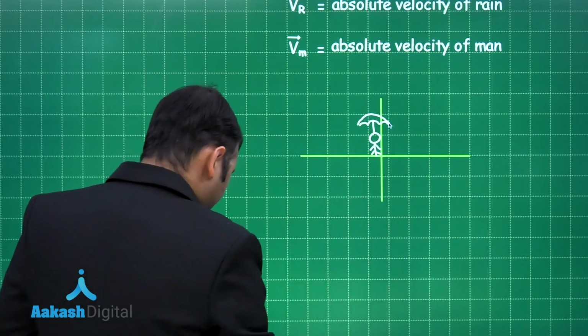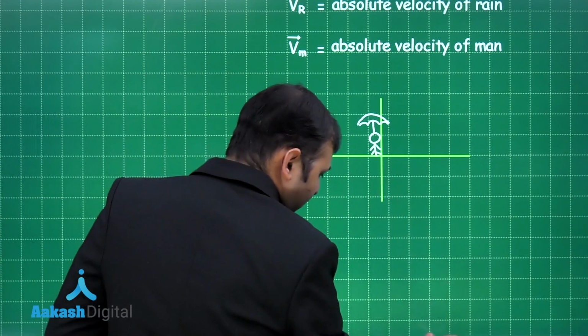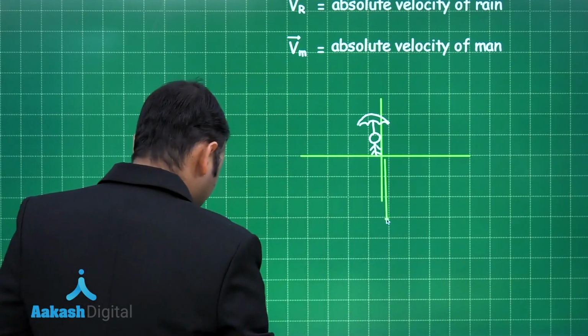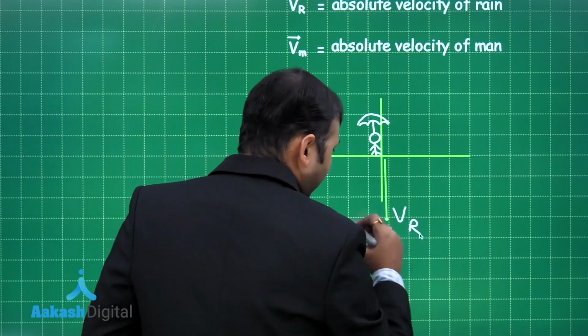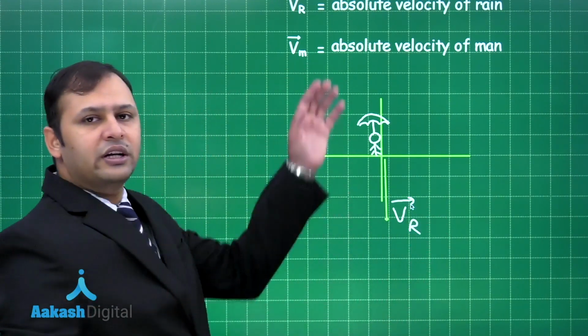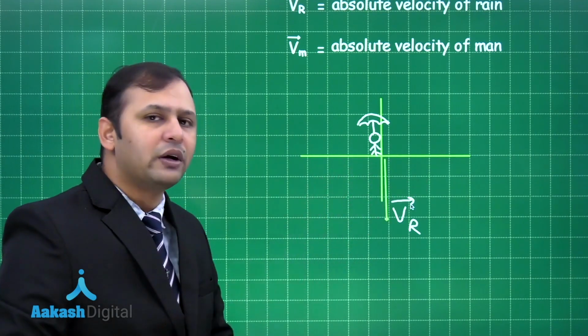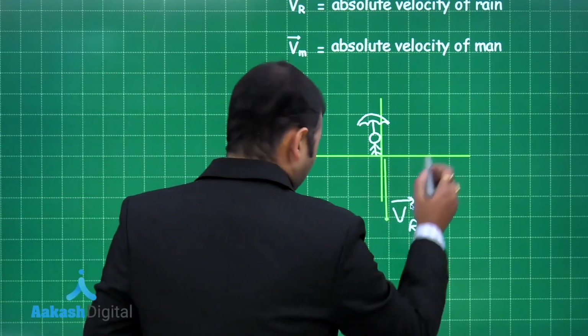And raindrops, if they fall vertically downward, that means in this direction. So this will be represented as VR. Currently, since the rain is vertically falling downwards, the person is safe. What if the person starts running in this particular direction?